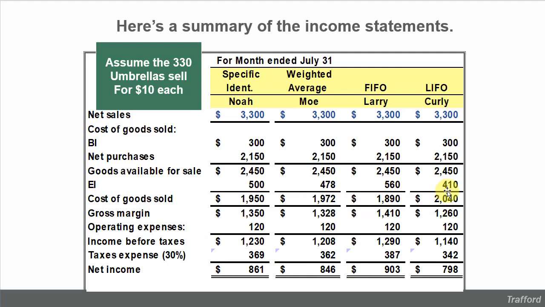And here's their cost of goods sold that will show up on the income statement. So right here in the middle of this income statement, we have a little cost of goods sold statement. Because each of these individuals has a different expense amount for cost of goods sold, they end up with different net income amounts. And in the next video, we'll compare and contrast the results here.